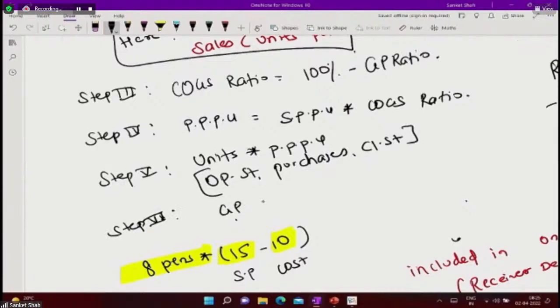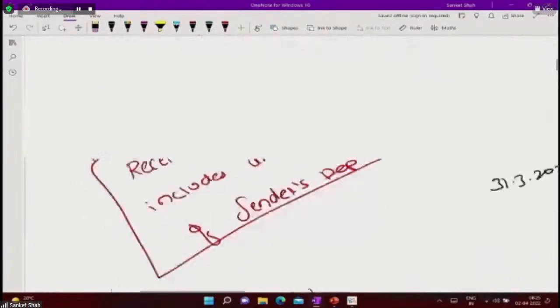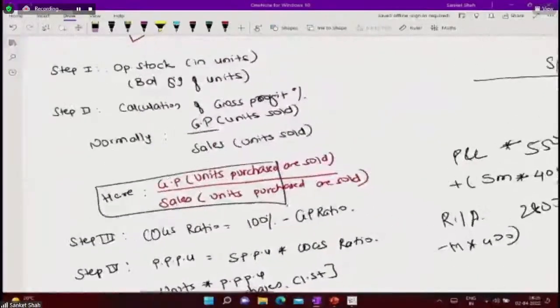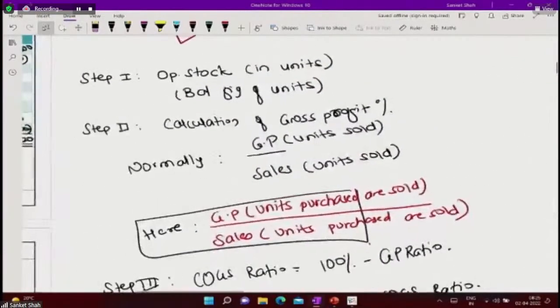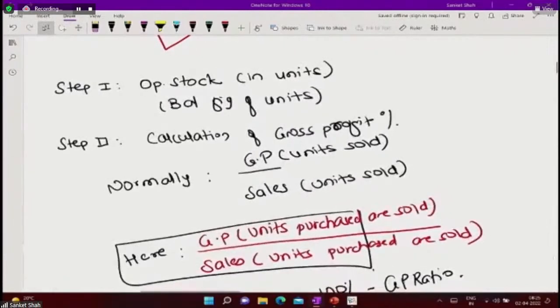GP amount, balancing figure. Write this in your index. Write step 1. Opening stock in units, balancing figure of units in index, write down.